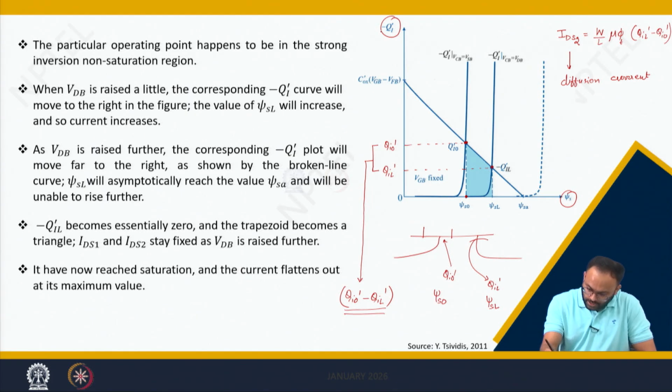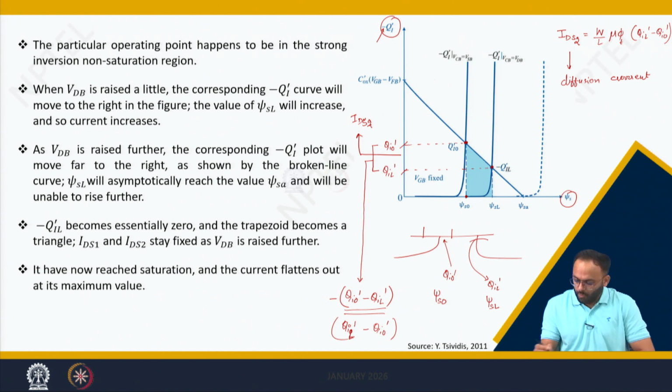Here, as this x has a negative sign, you can take the negative, and ultimately you will get the same difference of qi dash L minus qi dash 0. So, the difference between this point and this point reflects IDS2, which is nothing but diffusion current.